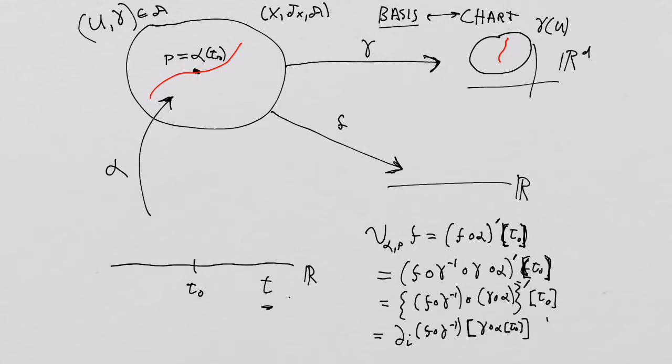I should put in here, that's the point P. That is gamma of P, which is also gamma of alpha T0, right? These are the same things, right? And that's the point there.